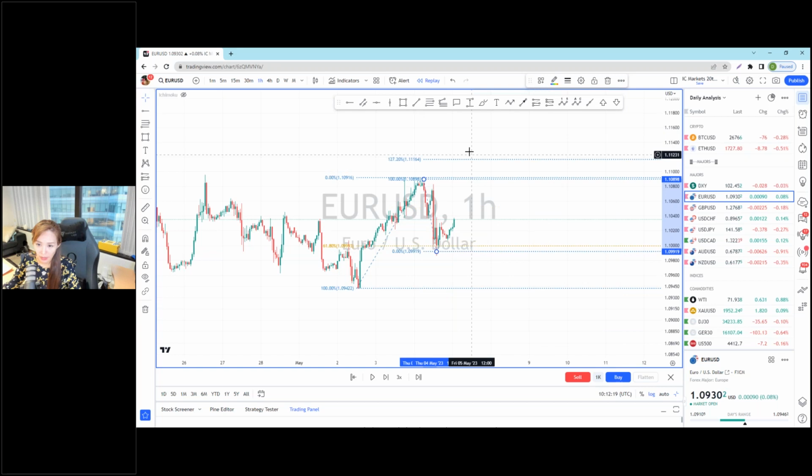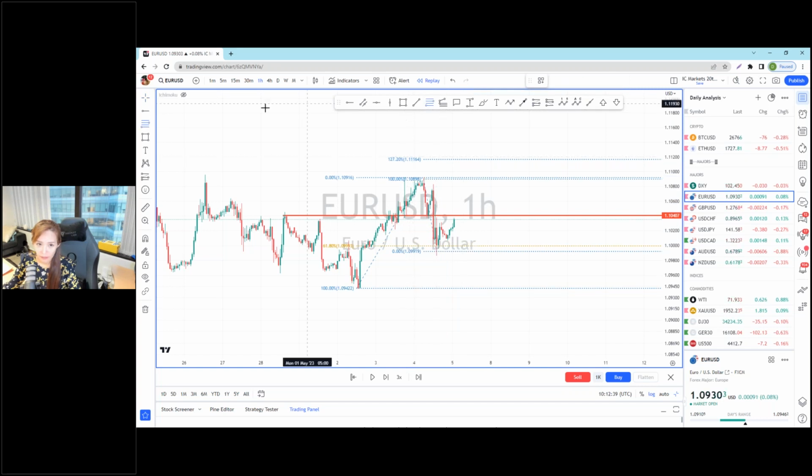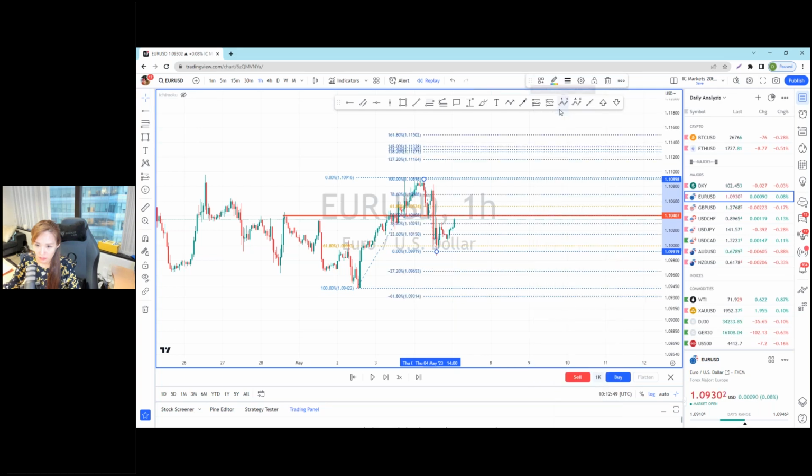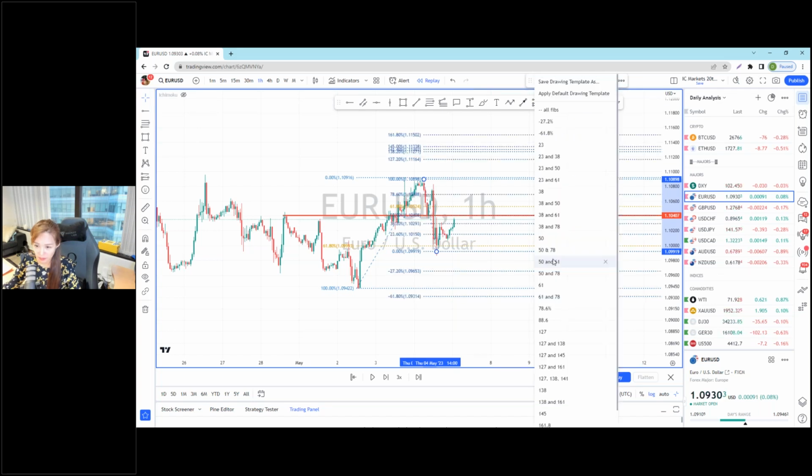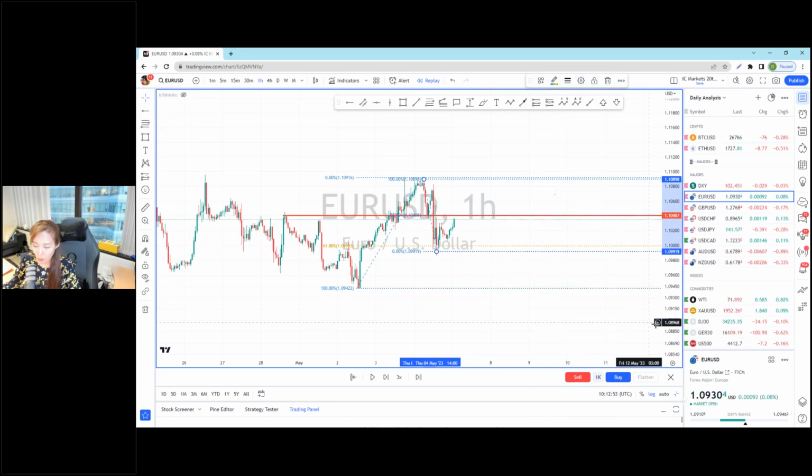I might put it here, but along the way I think price will retrace around this zone, because this one is at 61.8% retracement, right? Let me see. No, exactly 50%. So I will watch out for this zone.